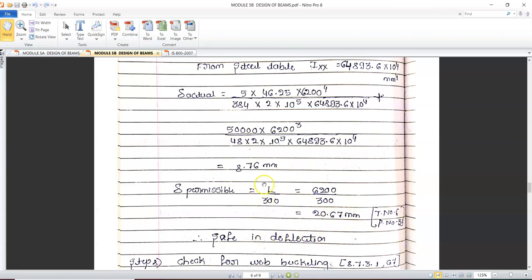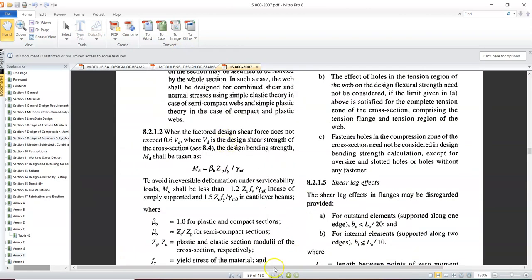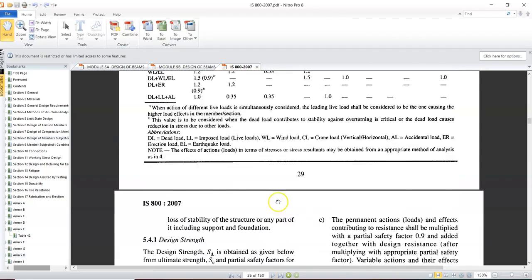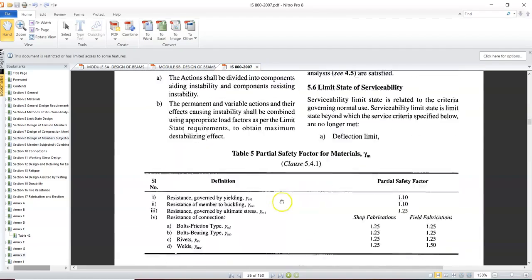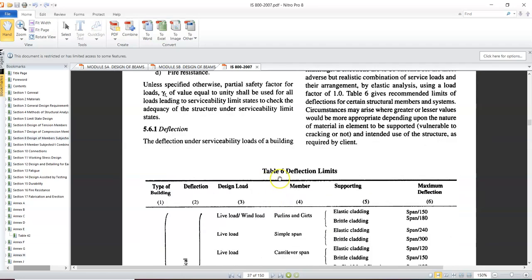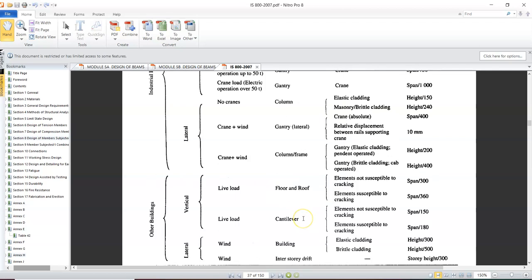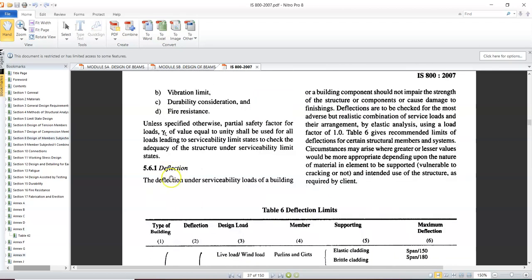I'll quickly show where this permissible deflection is taken from. That is table number 6 and page number 31. That is the criteria for deflection.